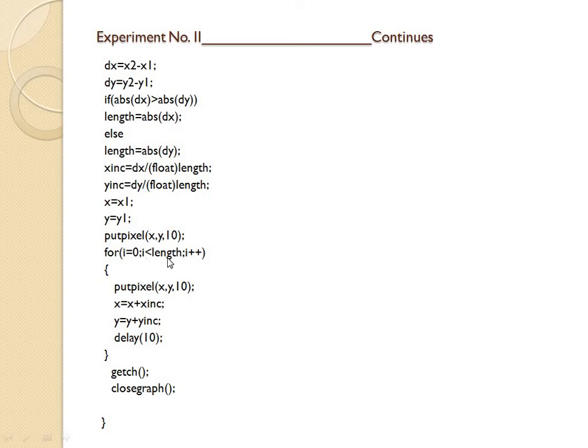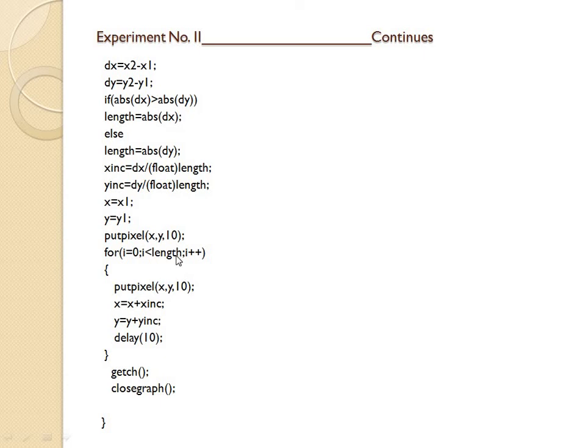If so, the x and y values are incremented. Then it goes to the for loop again and i plus plus gives i is equal to 2. If 2 is less than length, then again x and y values are calculated. This condition is followed for each iteration: the first iteration, then second, then third.